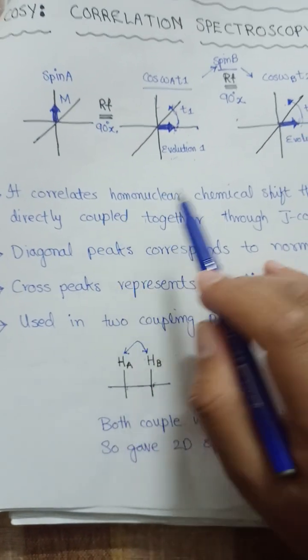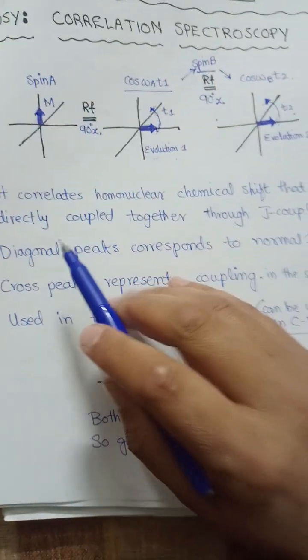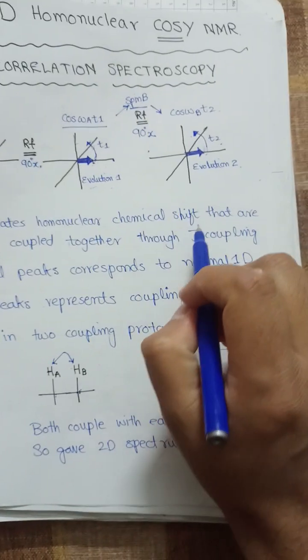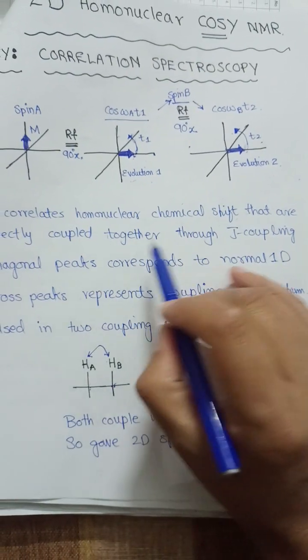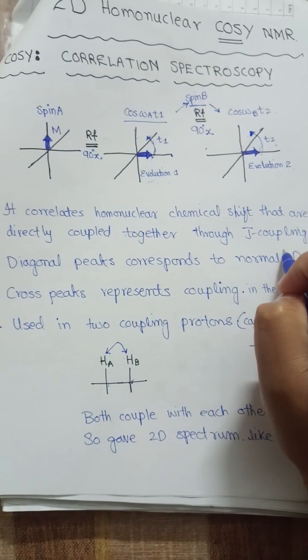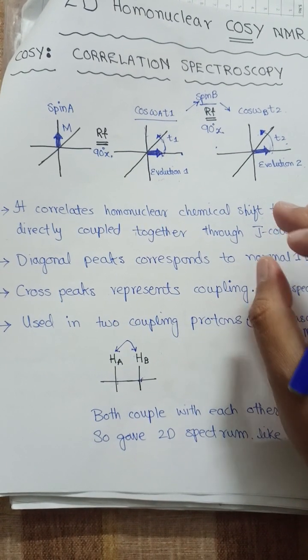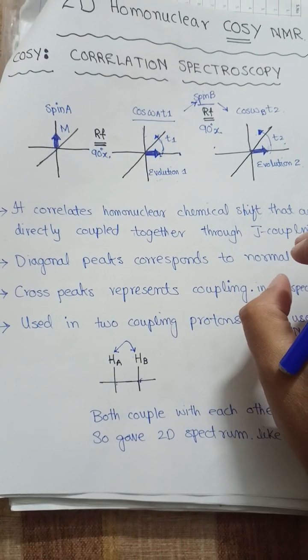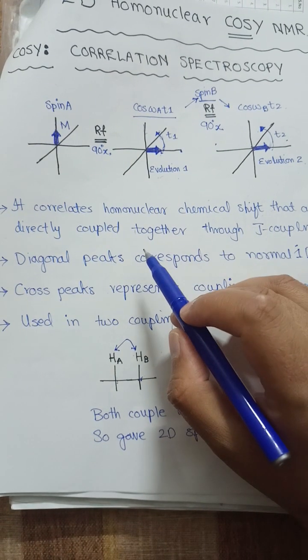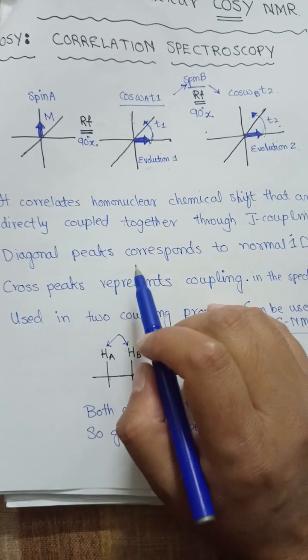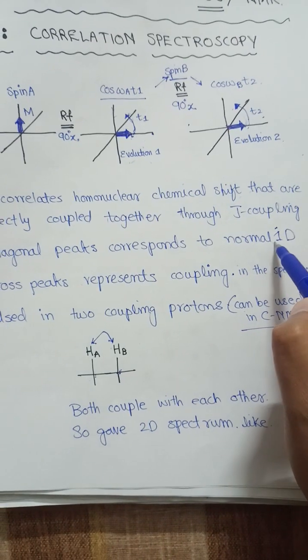So it correlates homonuclear chemical shifts that are directly coupled together through J coupling. This correlation spectroscopy correlates homonuclear chemical shifts that are directly coupled to each other. Diagonal peaks correspond to the normal 1D.